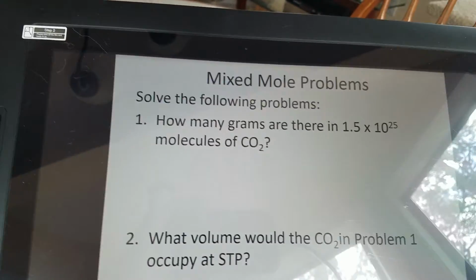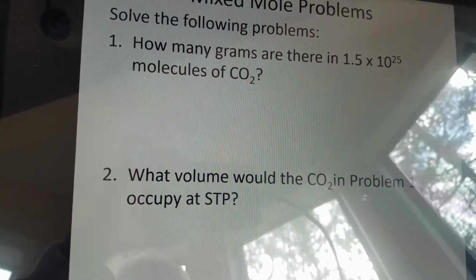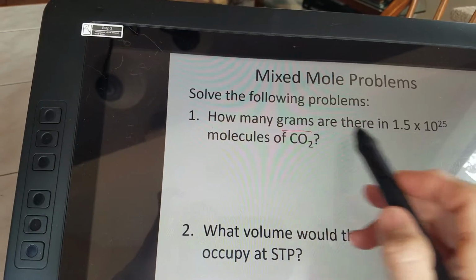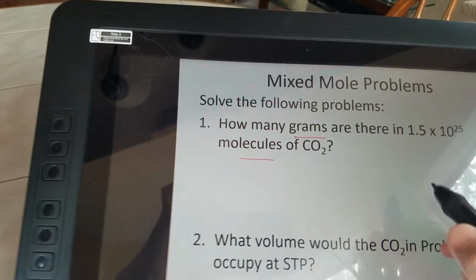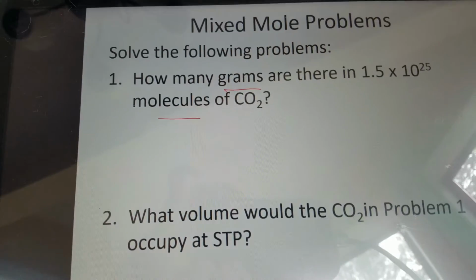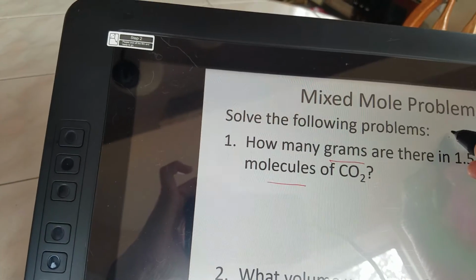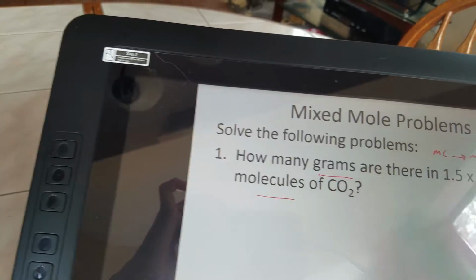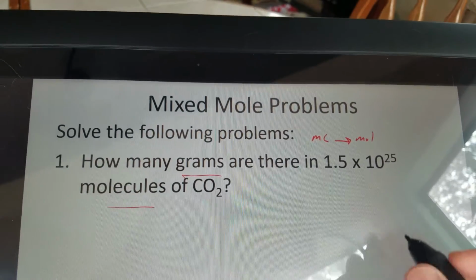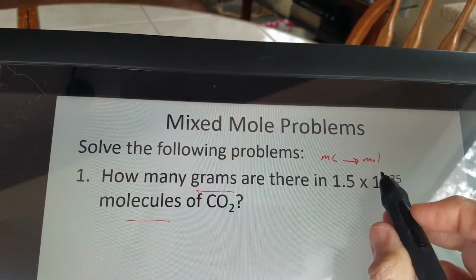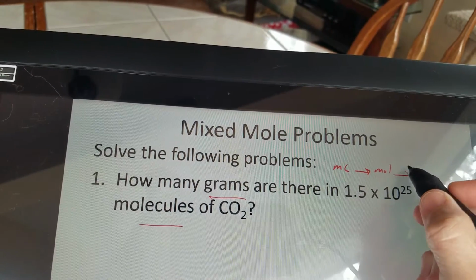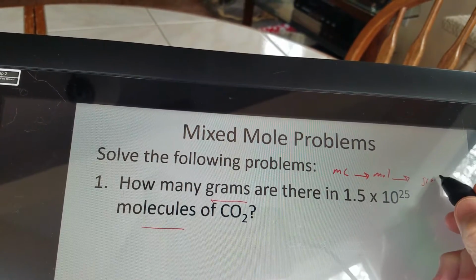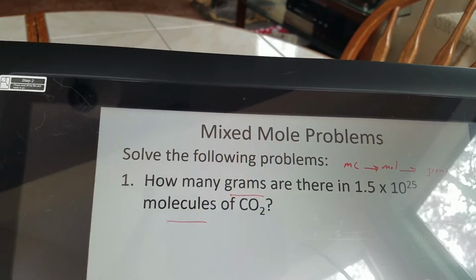Now if we do a mixed problem like this one, you're going to find out how many grams there are in this many molecules. So like we did with the liters earlier, you're going to have to start off with your molecules, take it to moles because that's the intermediate step. We can get this using Avogadro's number, and then we'll go to grams by using the gram formula mass of our carbon dioxide.